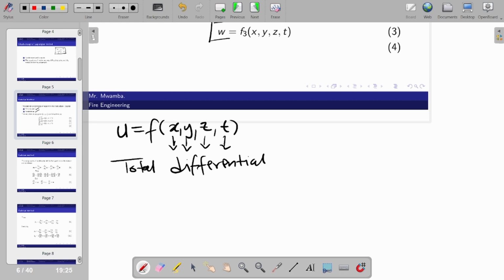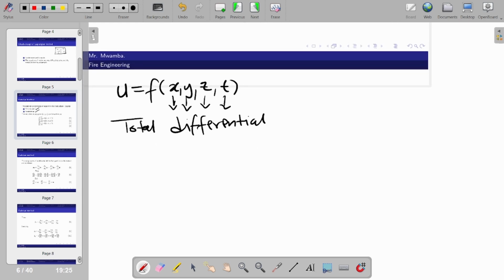Okay, so how does the total differential work? How is it found? You find the change in u will be given by the partial change of u with respect to x times the small change in x plus the partial change in u with respect to y times dy.